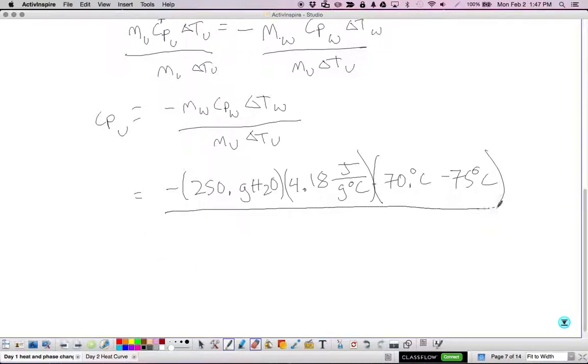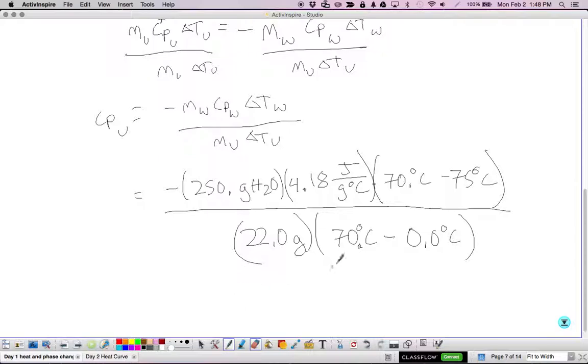Okay? And we divide this by 22, the mass of the unknown, 22 grams, times the delta T of the unknown, which is 70 degrees, that's the final temperature, minus 0.0 degrees, which is the initial temperature of the unknown.